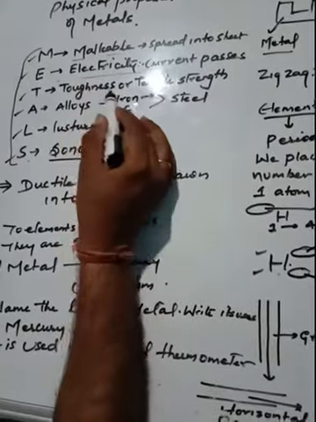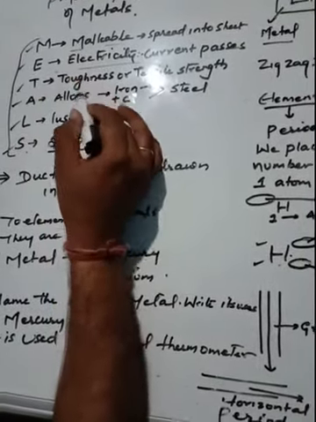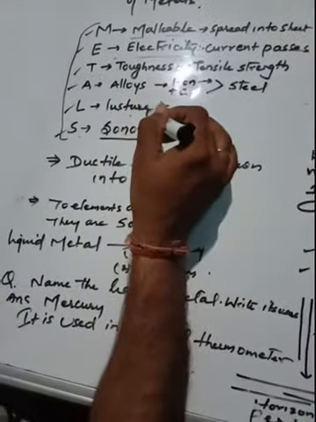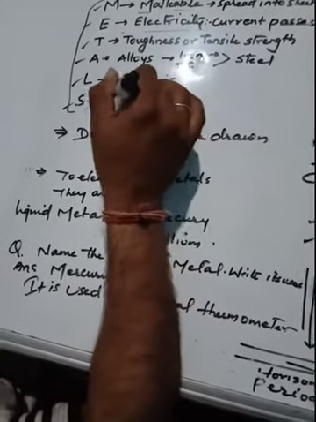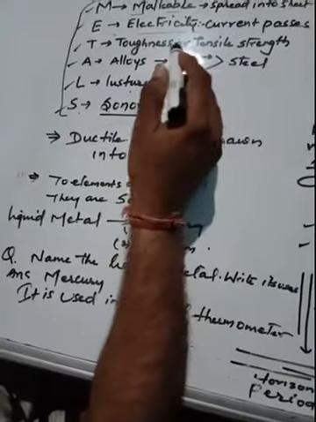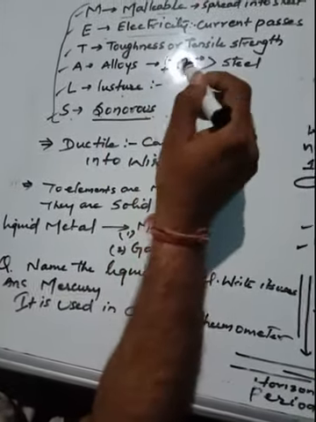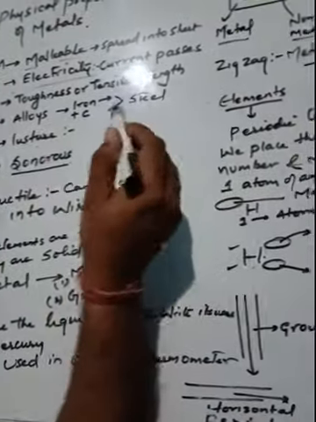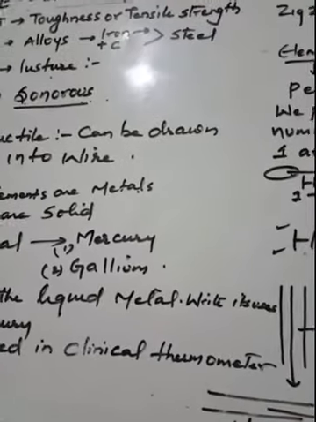Toughness is very low compared with metals, and alloys will not be there. Luster you will find in graphite, a form of carbon, but not in all non-metals. Sonorous, no sonorous at all. So it will be better for us, after the discussion of non-metals, I will give you a clear picture, write the difference between the two, and the two side by side will help you to give the proper explanation.